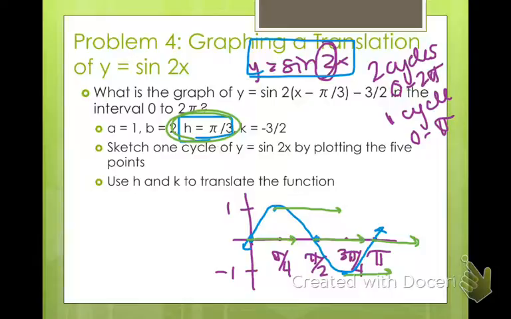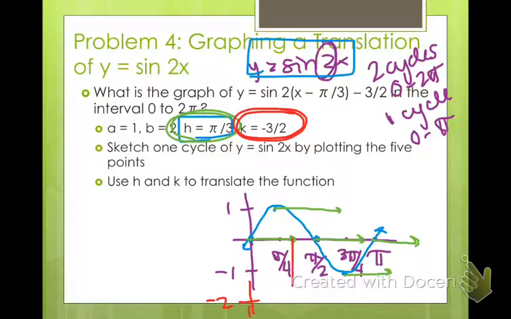Now we need to go up and down. So we're going to go down 3 halves. So that's 1.5. So I'm going to extend this. There's negative 2, and then negative 3 is going to be off the graph. But then we have to go down 1.5 from each value.